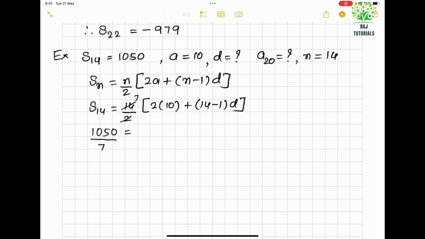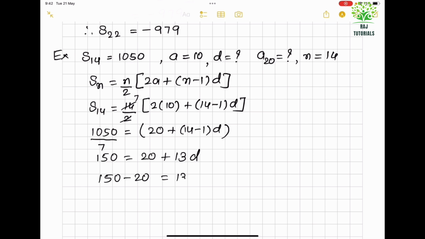If I bring this 7 on this side, it will go into divide: into 20 plus 14 minus 1 D. So 7 ones are 7, 3, so 150 equal to 20 plus 13D. So 150 minus 20 equal to 13D. 130 equal to 13D.